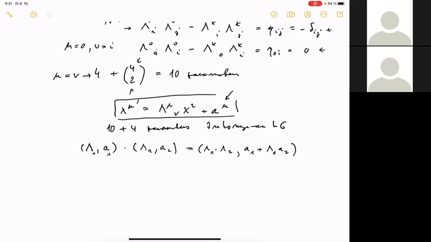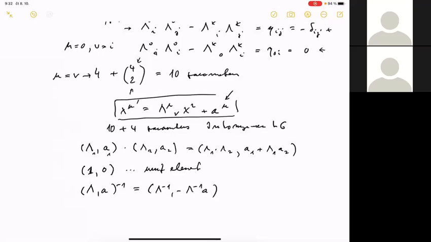We can also get the identity transformation if lambda is the unit matrix and a is equal to 0. This is the unit element of our inhomogeneous Lorentz group, and we can also obtain the inverse element, and this inverse element is lambda inverse and minus lambda inverse times a.